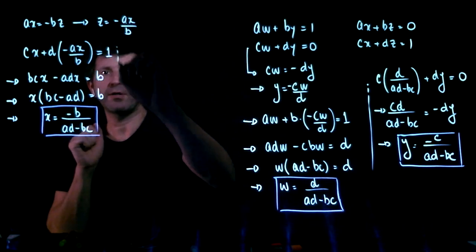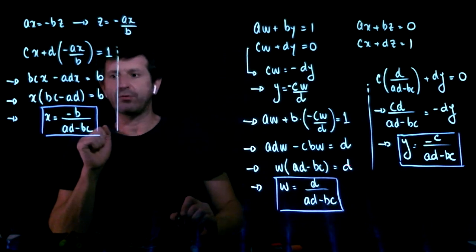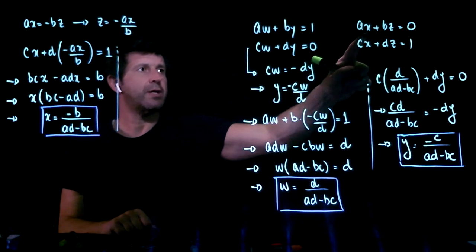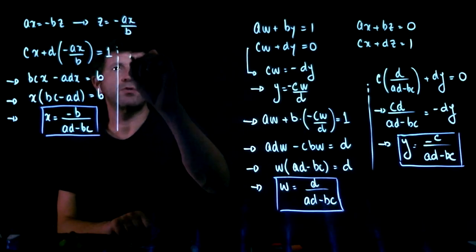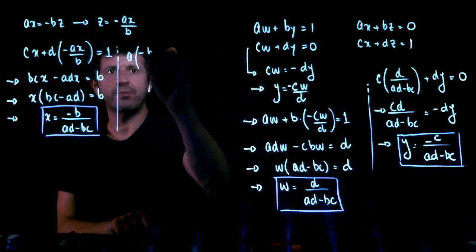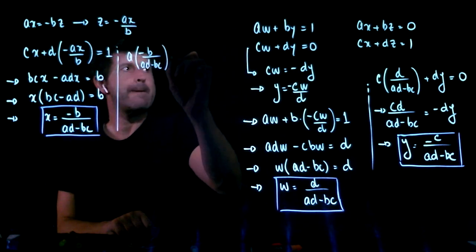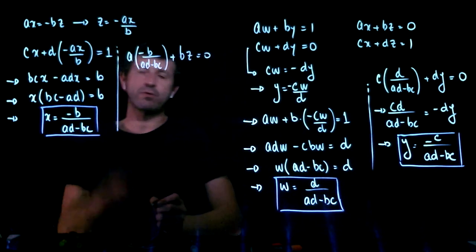Okay, to find Z, I will just replace the X up here by this value. So A times X, which is negative B over AD minus BC, plus BZ is equal to 0.